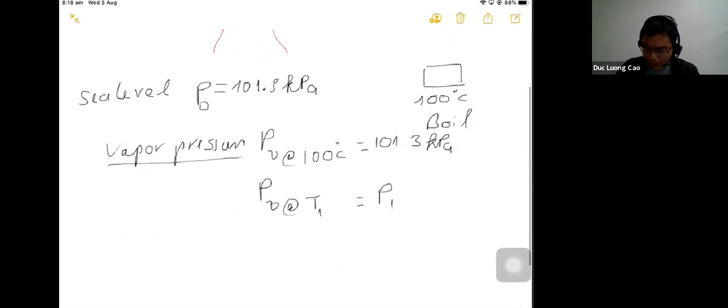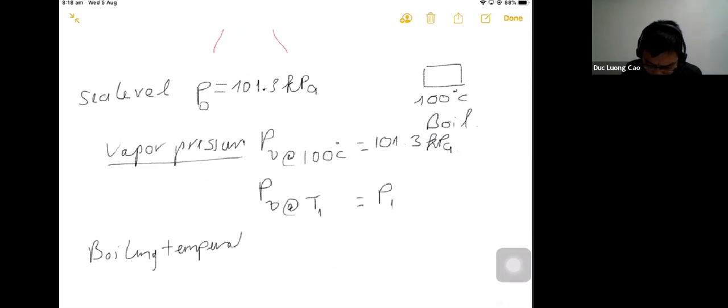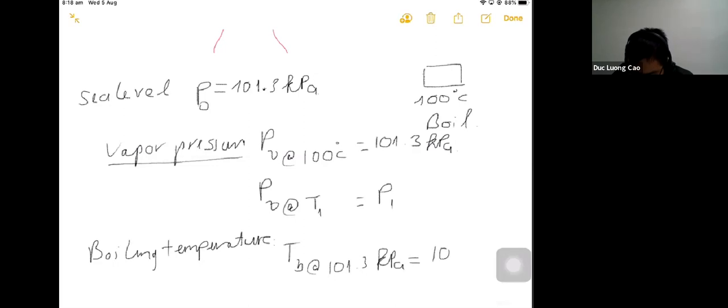And similarly, we have boiling temperature. Boiling temperature TB, okay, and TB at pressure 101.3 kPa is 100 Celsius, and TB at pressure P1 is T1.